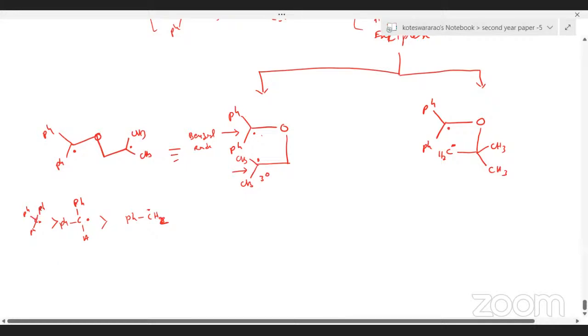Now this is also more stable than the tertiary alkyl radical, where a carbon is attached with three simple alkyl groups. This tertiary alkyl radical is more stable than the secondary, and secondary is more stable than the primary. This is the order of stability.